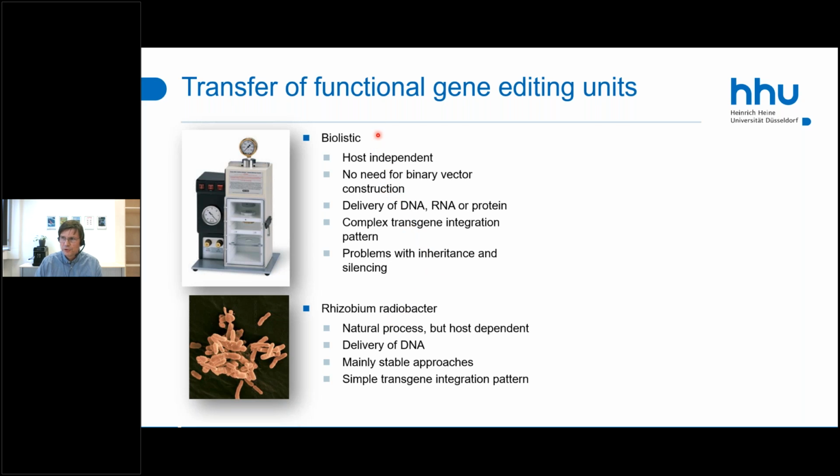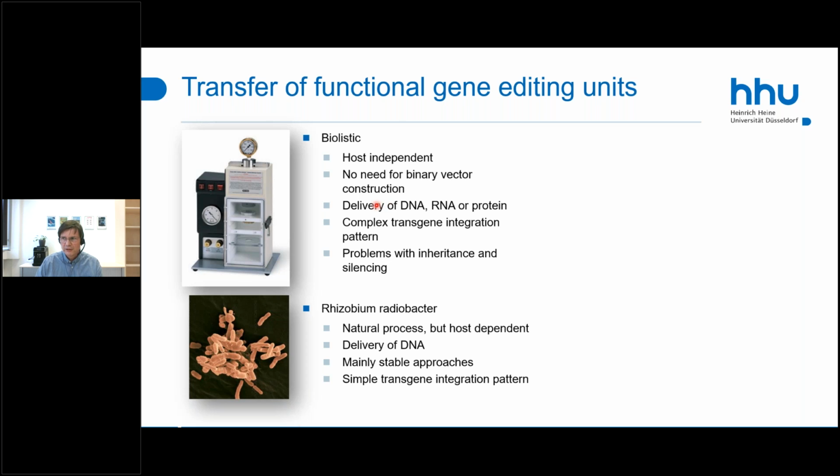So the biolistics, which is also becoming more and more important again, has the advantage that it's more or less host independent. You do not need binary vectors, which make cloning a bit more complicated. It can deliver DNA, RNA, and/or protein.